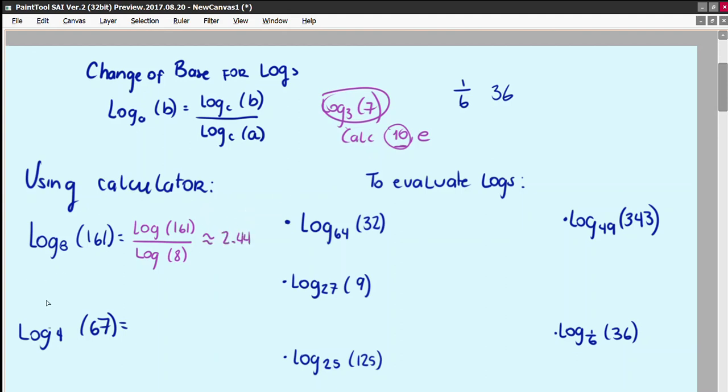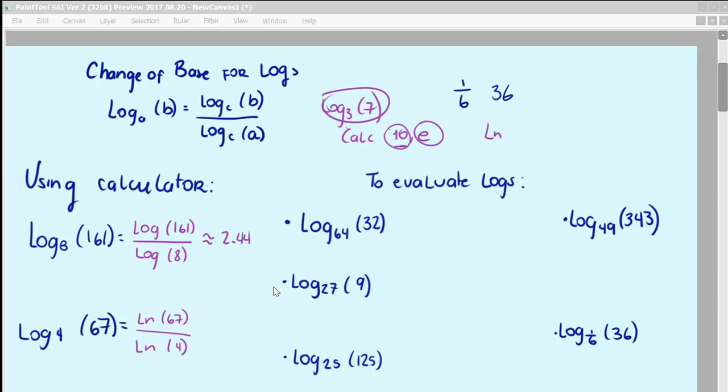Now, if I want to plug this into the calculator, but using base e instead, I'm going to use the following formula. Remember that logarithm base e is ln. So if I want to change from base 4 into base e, I'm going to write logarithm of my new base of the previous argument over logarithm of the new base, that is e, of the previous base.